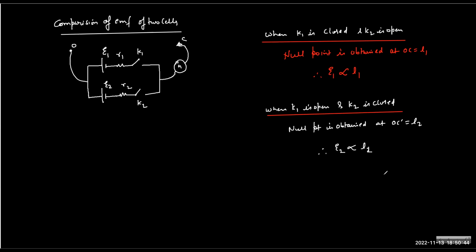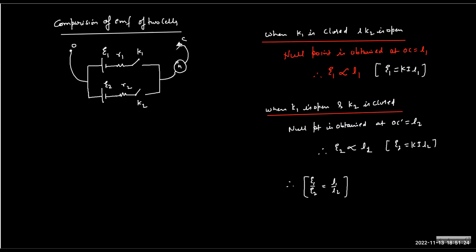Now the rest of the terms, the gradient K, will be the same for both. Yes or no? So the actual relations will be K times L1 and K times L2. We are not supposed to write all this lengthy thing; we can just write it like this. Therefore, the ratio of the two will be E1 by E2 equals L1 by L2. So given L1, L2, and E1, can you find E2? Yes, you can find it. So out of four terms, if three are known to you, you can find the remaining term, correct?